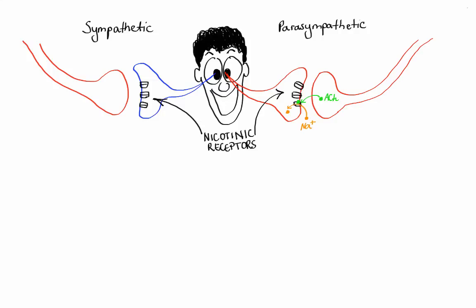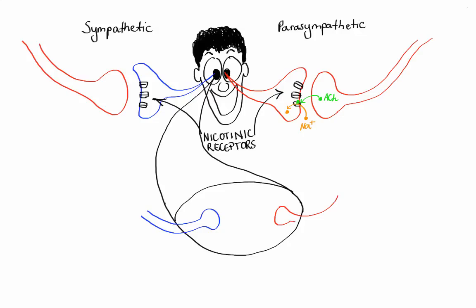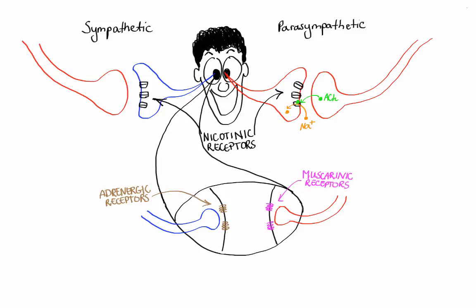On the other hand, all the receptors on the effector organs that are receiving signal from sympathetic neurons are called adrenergic receptors, and the ones that are receiving signal from parasympathetic neurons are called muscarinic receptors. So for example, if we zoom in at this area right here, where the very ends of these postganglionic neurons meet the smooth muscle cell of the eye, the sympathetic adrenergic neuron would stimulate adrenergic receptors, leading to pupil dilation, and the parasympathetic cholinergic neuron would stimulate muscarinic receptors, leading to pupil constriction.